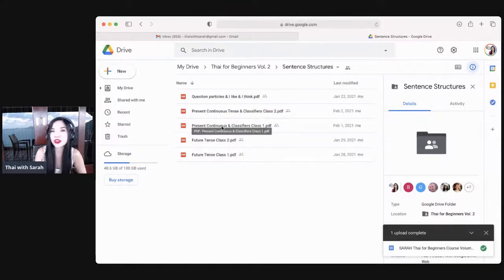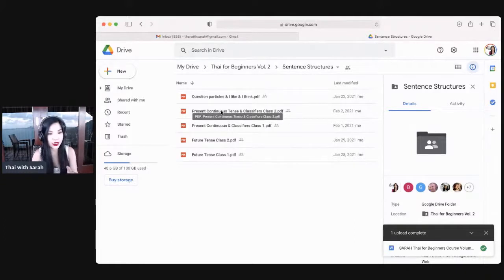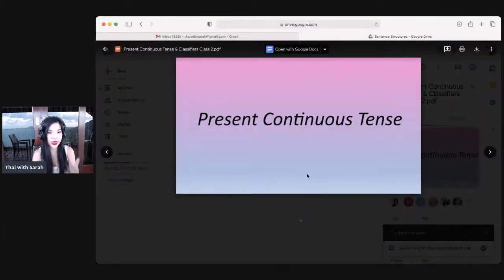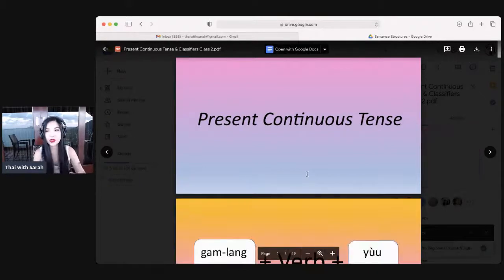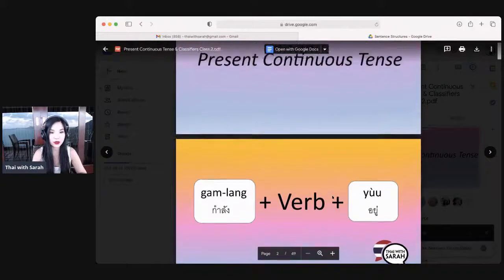Like I always mention, in Thai we don't have verb conjugations. We do have tenses, we just don't have verb conjugations. So in this course I'll be teaching present continuous tense in Thai and classifiers, a simple concept of classifier.